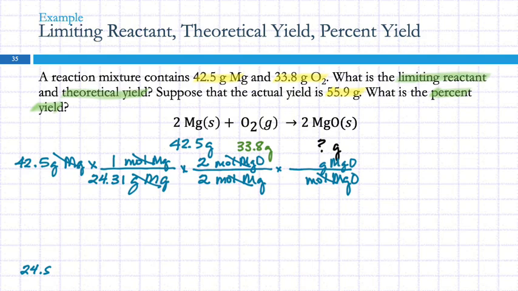It's the mass of magnesium plus the mass of 1 oxygen. Making mistakes all over the place. That's a 3, not a 5. 24.31 plus 16.